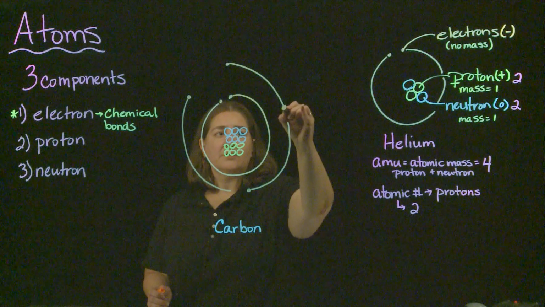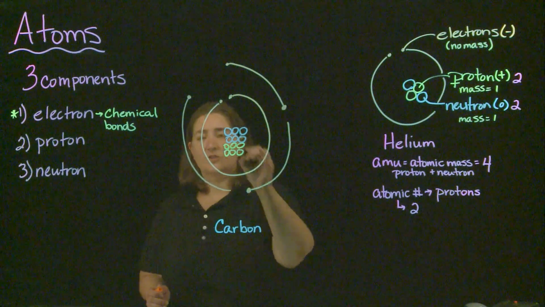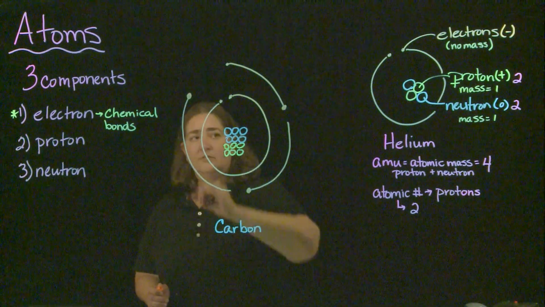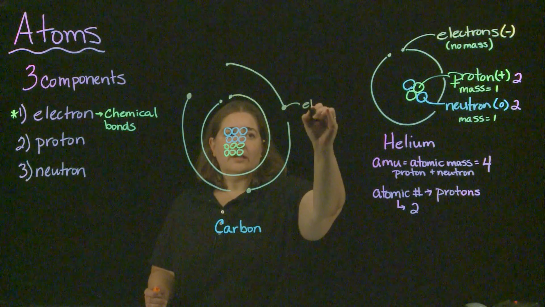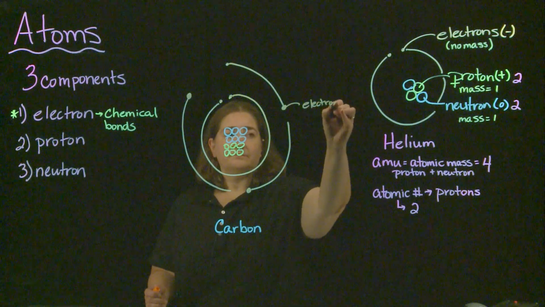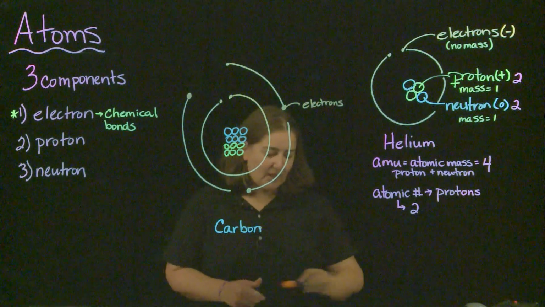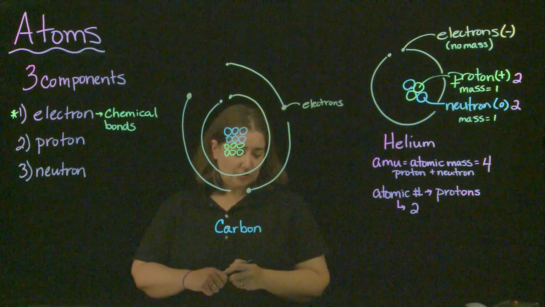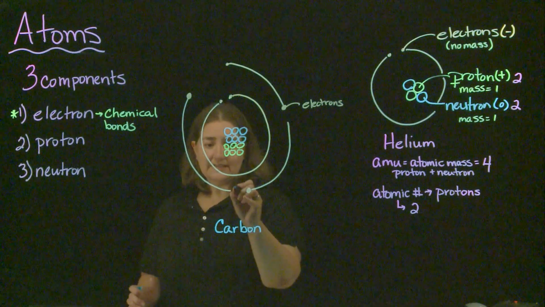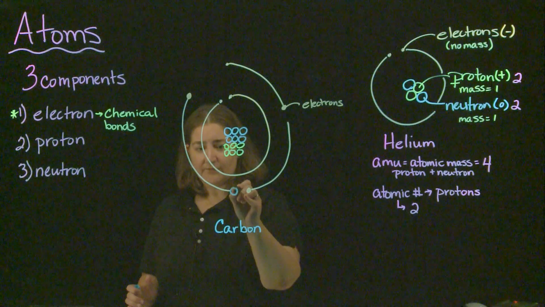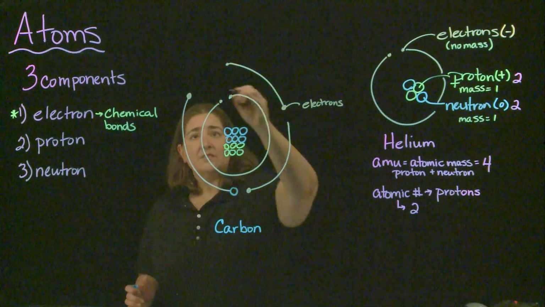So let me draw these a little bigger, even though electrons should be small. Okay, these are our electrons. And I'm going to just indicate with a circle here, this is going to be empty.